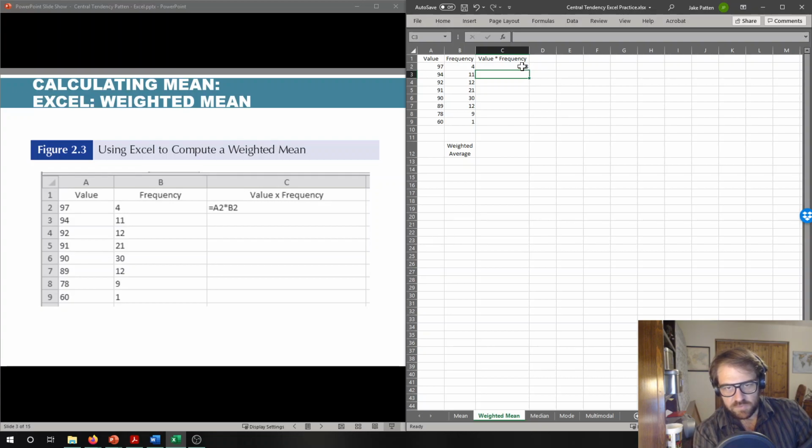I'm going to teach you a really awesome secret now. So in the very bottom, you see how there's this small, I don't even know what to call it. It's a dot. It's a tiny little square in the bottom right-hand corner of the cell that I'm in. If I grab specifically that, my cursor changes.